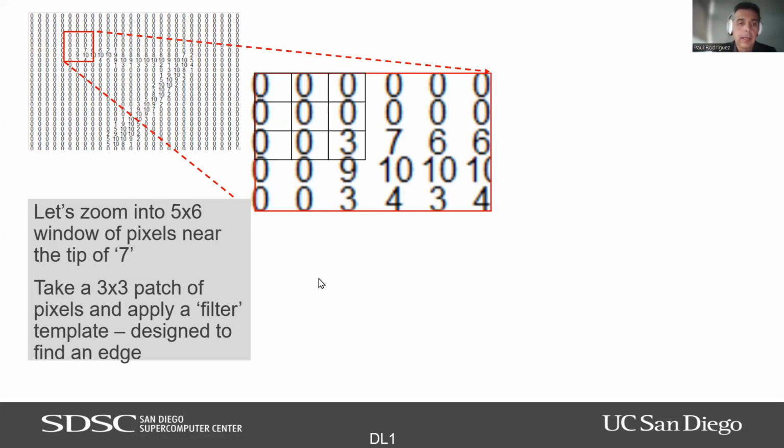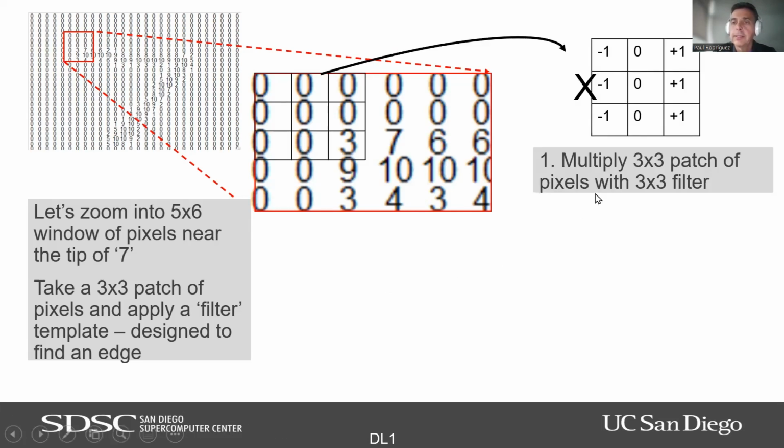So let's take a 3x3 patch of pixels and apply a filter to it. This is the standard computer vision technique. I've created a filter here with -1 on the left column, 0 in the middle, +1 in the right column. It's a 3x3 filter. I'm going to apply it element-wise to a 3x3 patch of the input. For this particular patch, it's all zeros except the 3.